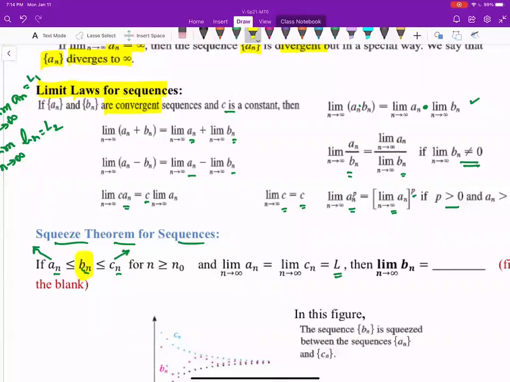It is getting squeezed between two sequences, one lower, one upper.